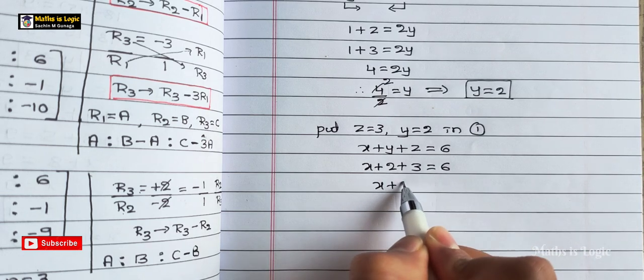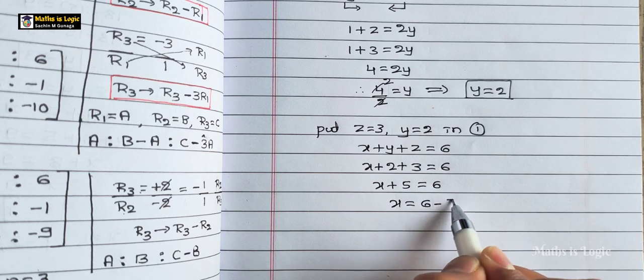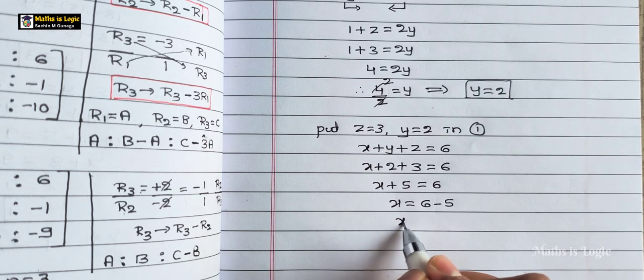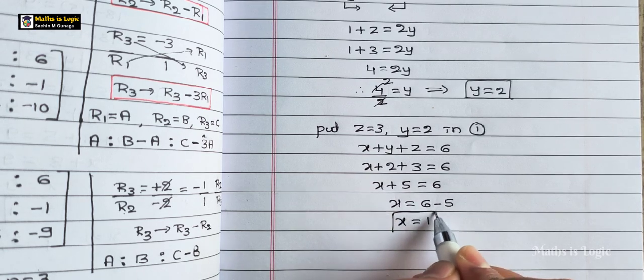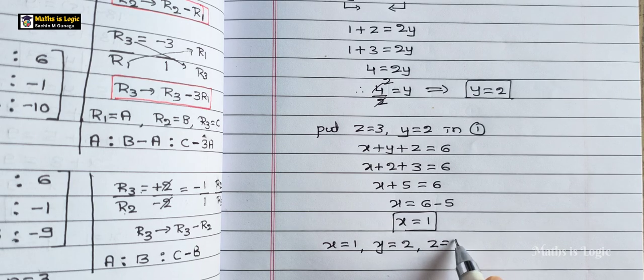Therefore x plus 5 is equals to 6, x is equals to 6 minus 5. Therefore x value becomes 1. Therefore what is the solution? x value is 1, y value is 2, and z value is 3.